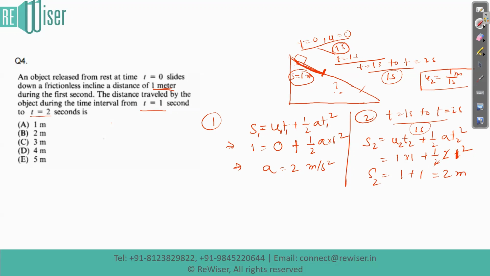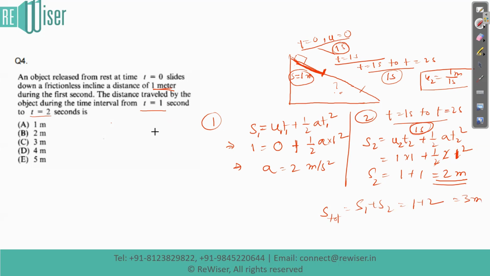Now in this time interval from t equal to 1 second to t equal to 2 second, it has moved by 2 meters since it is accelerating. In the first second it has moved by 1 meter, in the second it has moved by 2 meters. Now if I ask you what is the overall displacement, the total displacement is S1 plus S2, that means 1 plus 2 meters, that means 3 meters.